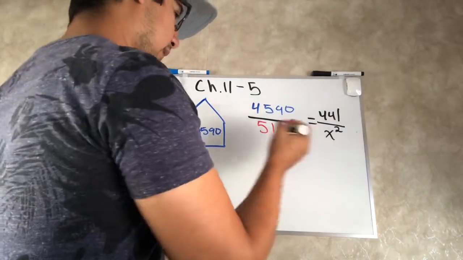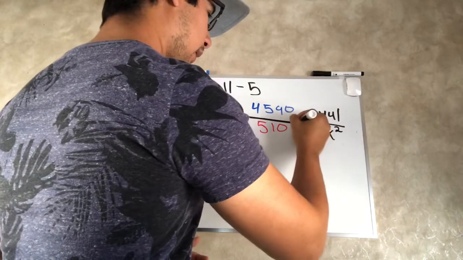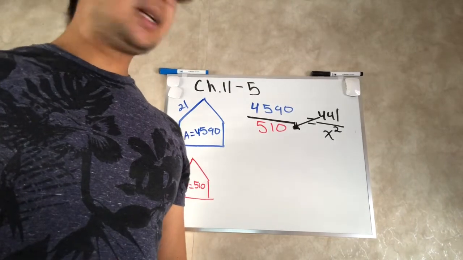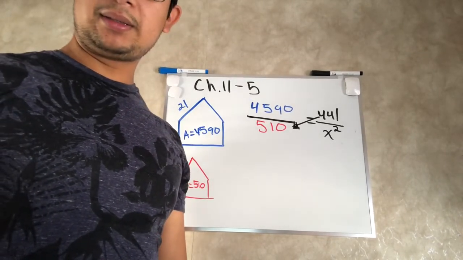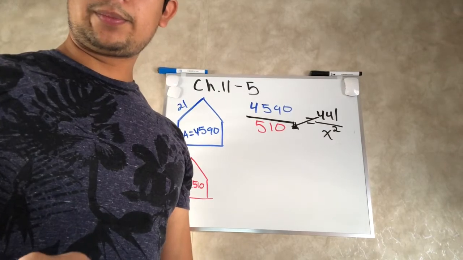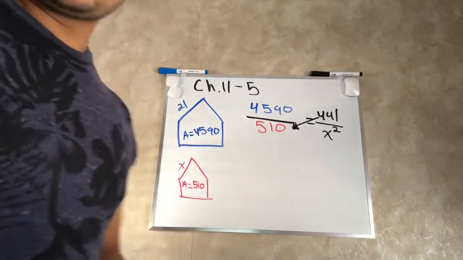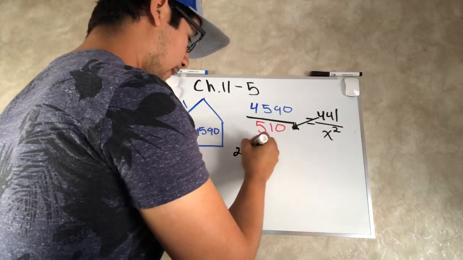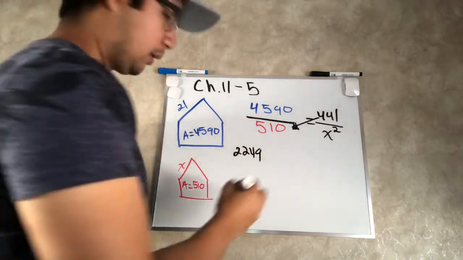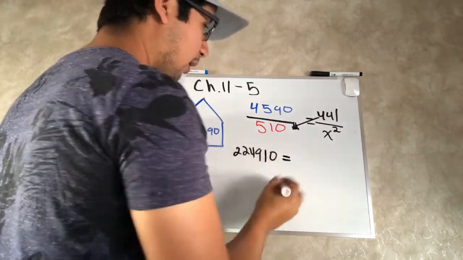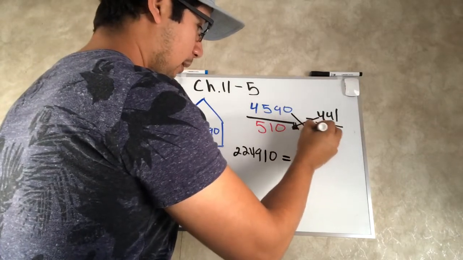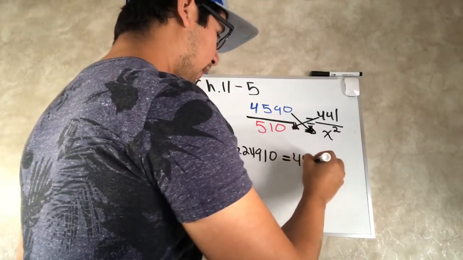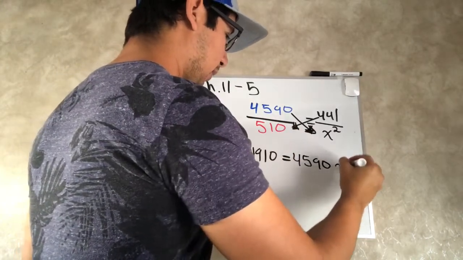So we have 441 times 510. That gives us 224,910, equal, and then we multiply this here. Okay, so then we're left with 4590 times x squared.